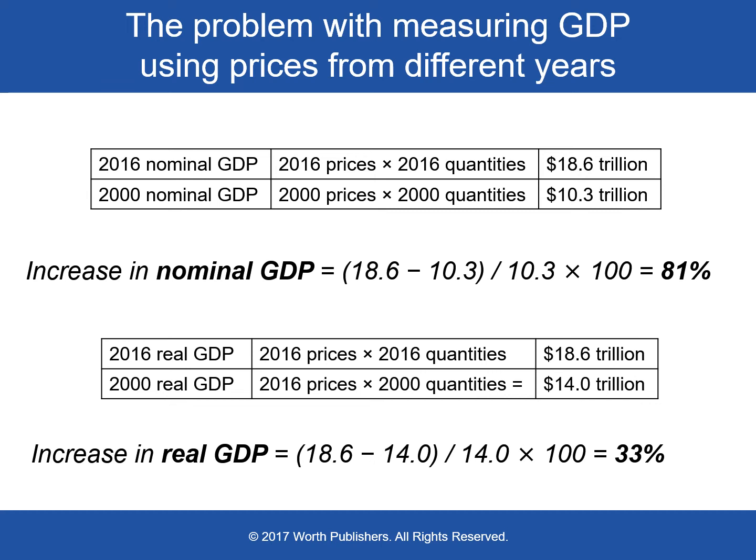You're using the same measurement. You're using the same ruler, the same instrument to measure with. And so once you adjust for inflation by using 2016 prices, the increase in real GDP now was 33%, which is still a good number, but it's lower than what you get if you don't adjust for inflation.